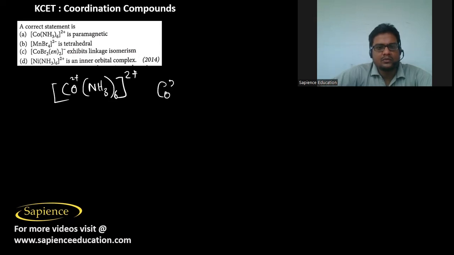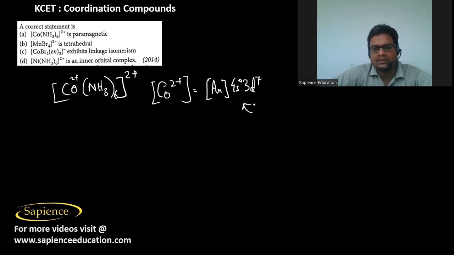So for Co2+, the electronic configuration will be argon 4s0 3d7. So it has three unpaired electrons, so hence it is paramagnetic.